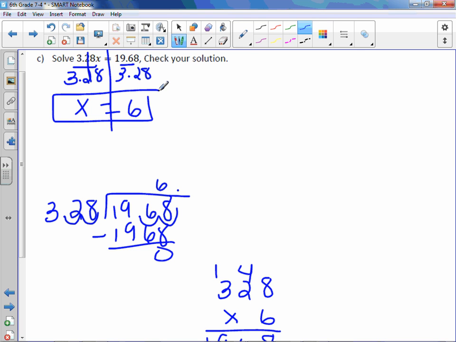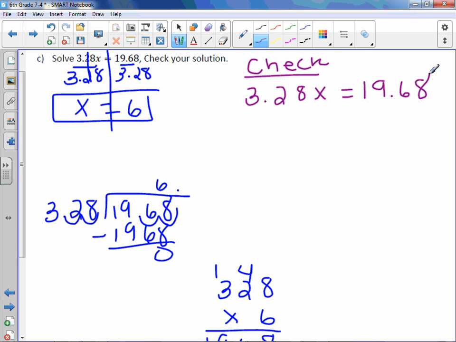And of course, let's check our solution. Start by writing the original. Plug in your solution. Let's do that multiplication one more time.